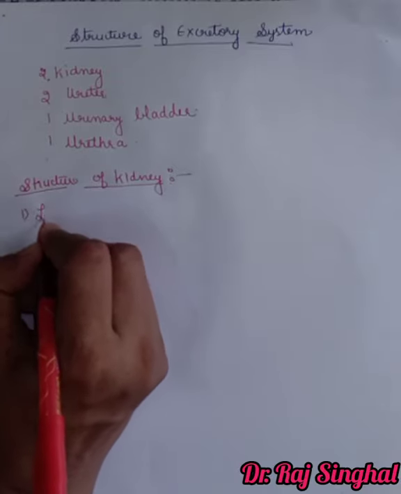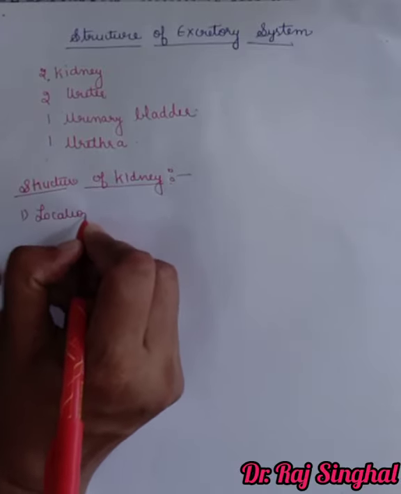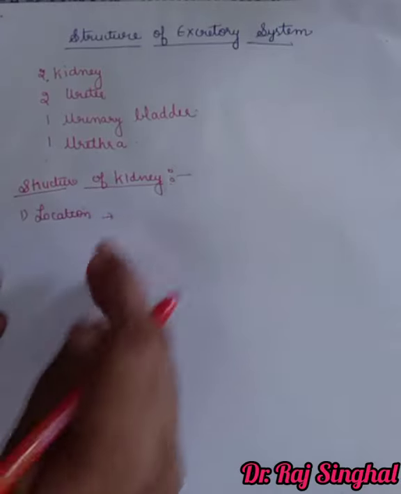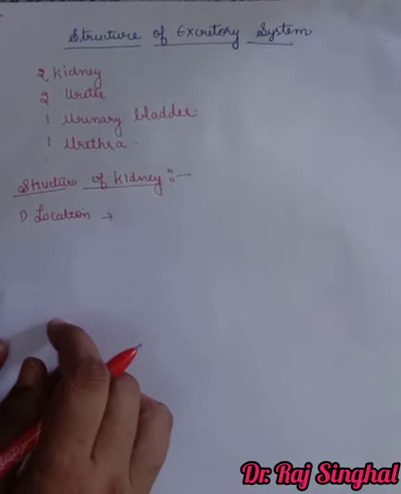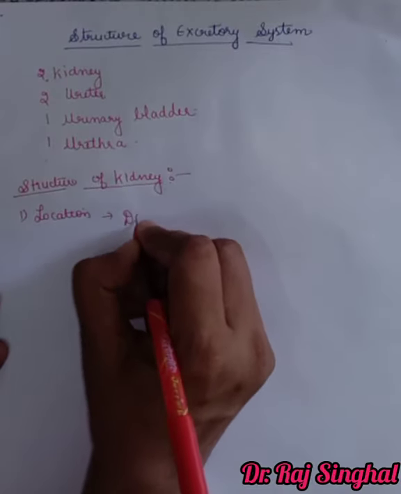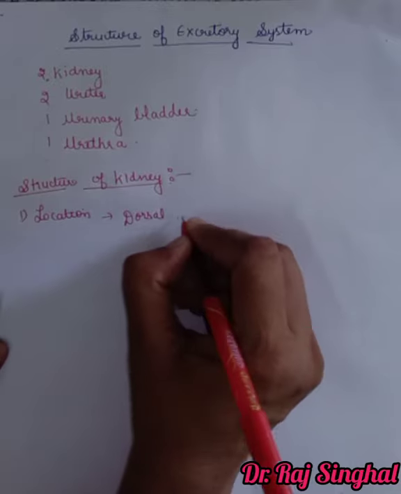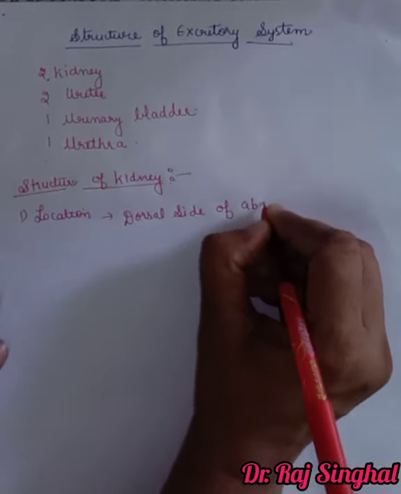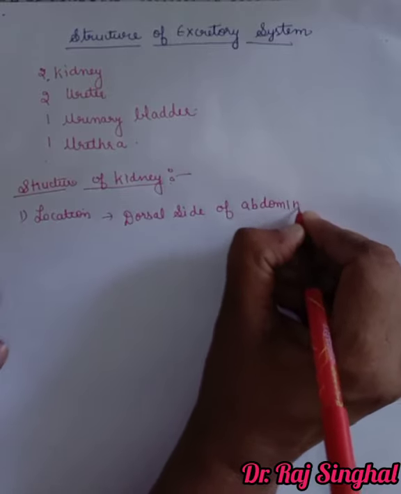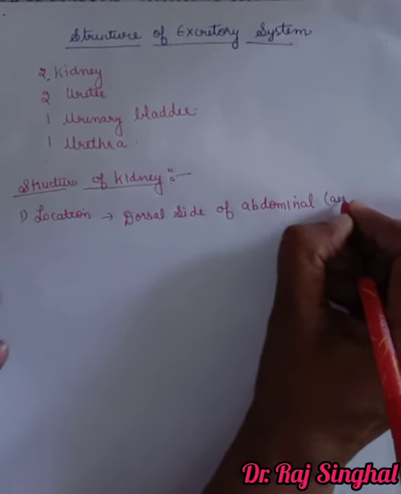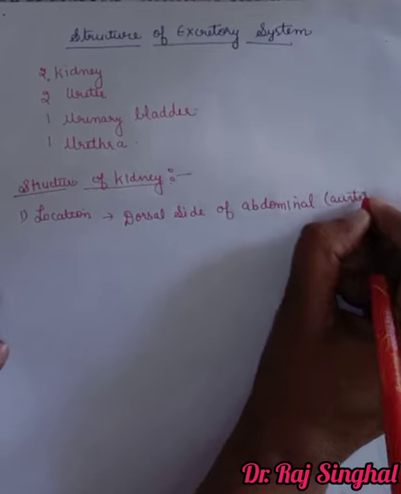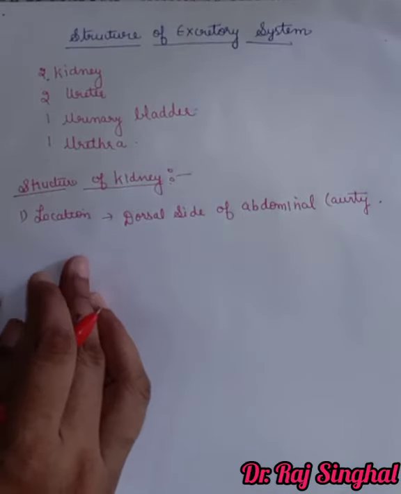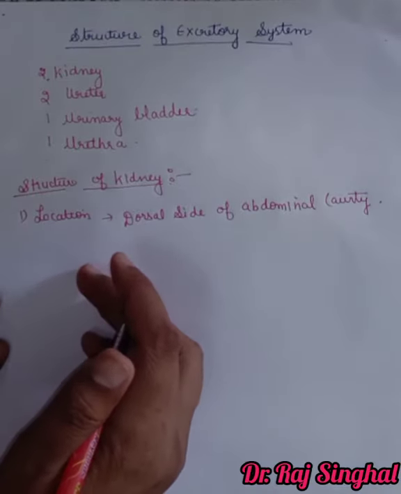Location. Kidney is located on the dorsal side of abdominal cavity. It is present on both sides of vertebral column.